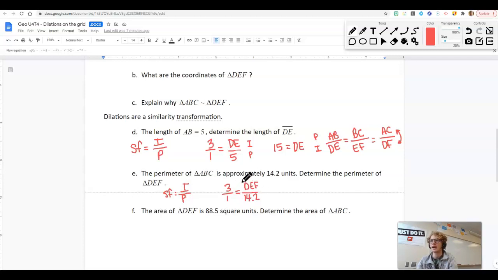So I've got the perimeter of DEF over 14.2. If I cross multiply, that gets us 3 times 14.2, which is, off the top of my head, 42.6. Okay. And we'd want to say units as well.